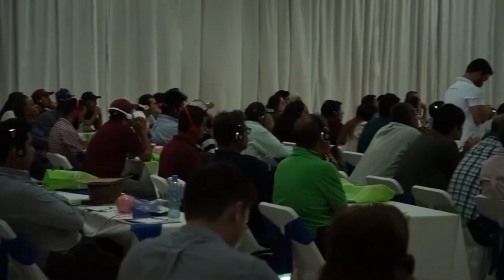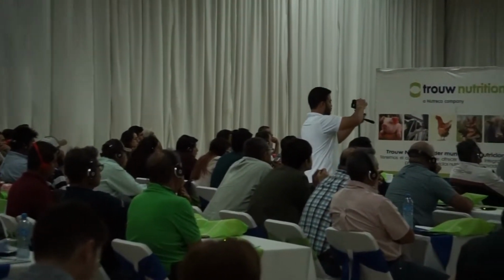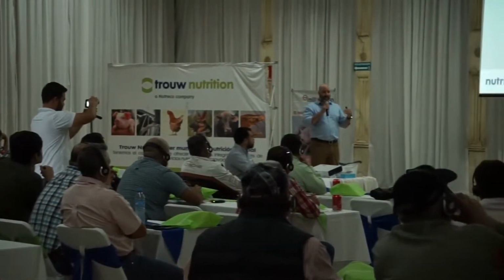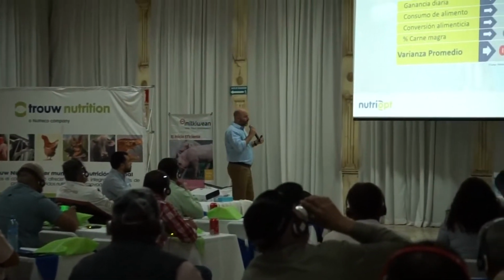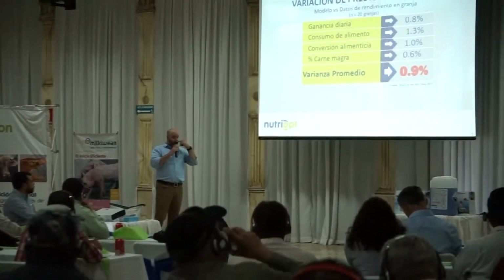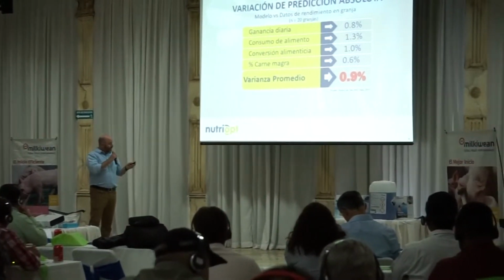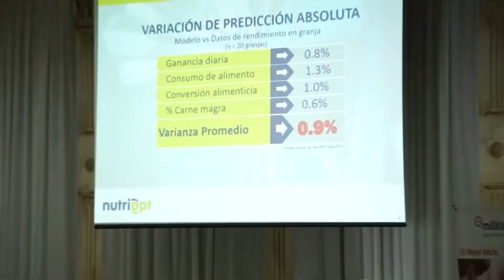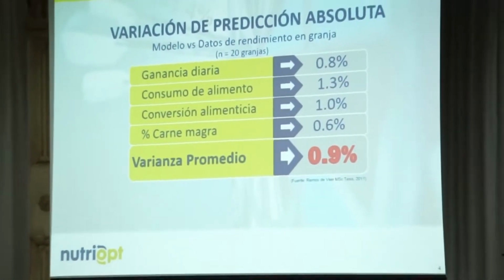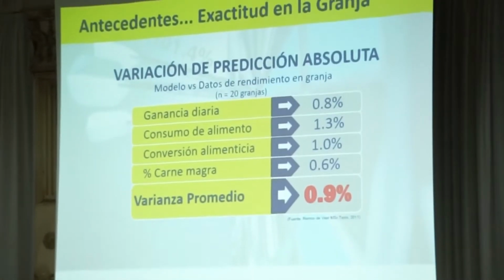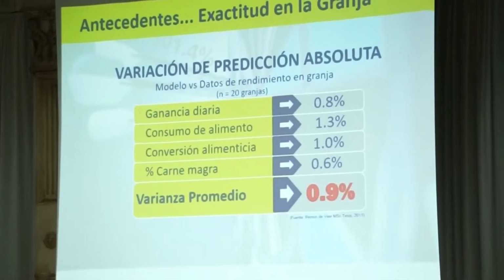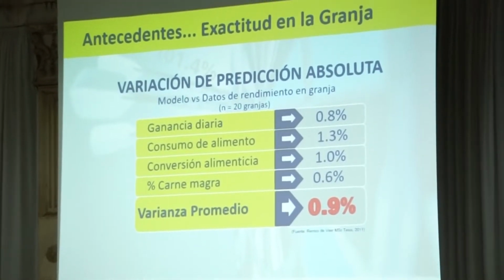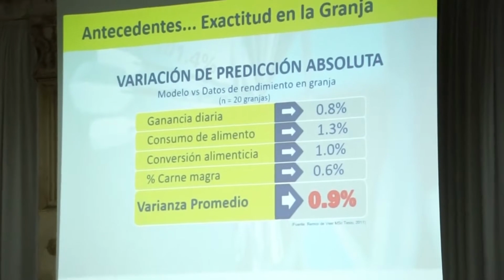So how accurate are swine models? They've existed for over 30 years, and there's been a constant evolution in the ability of the models to have meaningful outcomes. You can see here the results of a master's degree thesis in the Netherlands. When you use reliable information to generate model predictions, you can be less than 1% of variance from actual results.